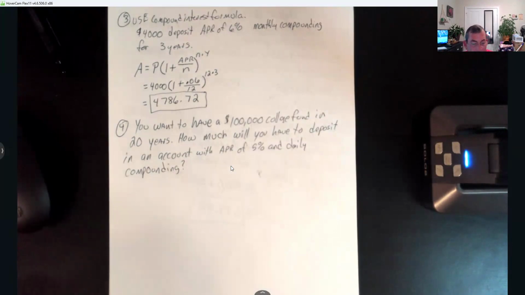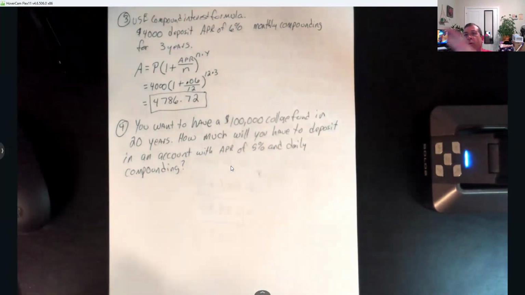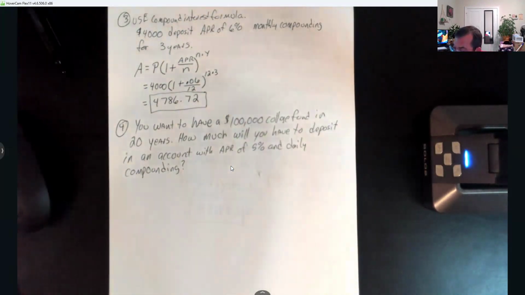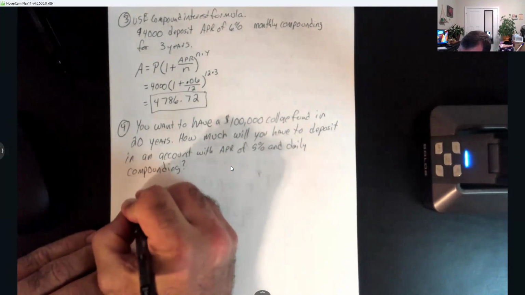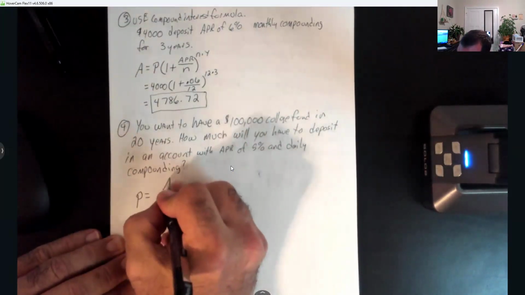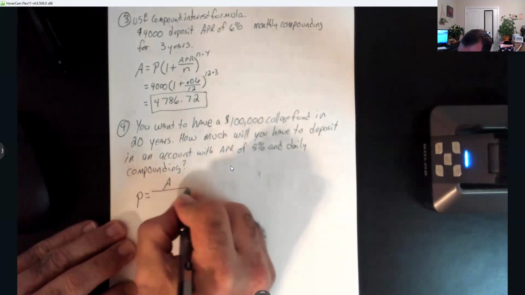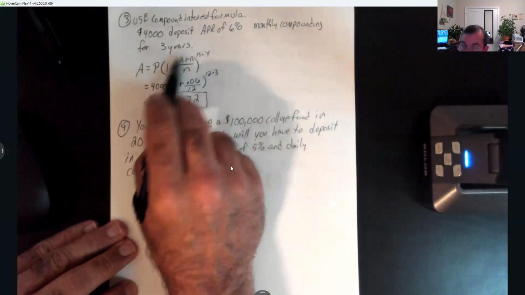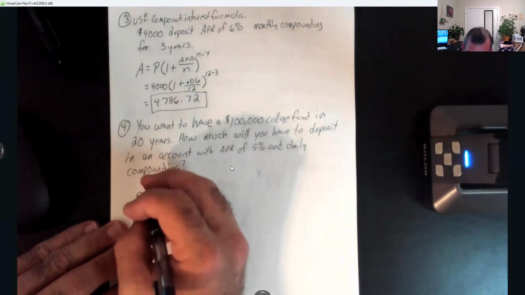So y'all, we had another formula to find those kind of values. Because now we're looking for the principal or the starting amount. So the principal is equal to the A divided by all this stuff in the parentheses.